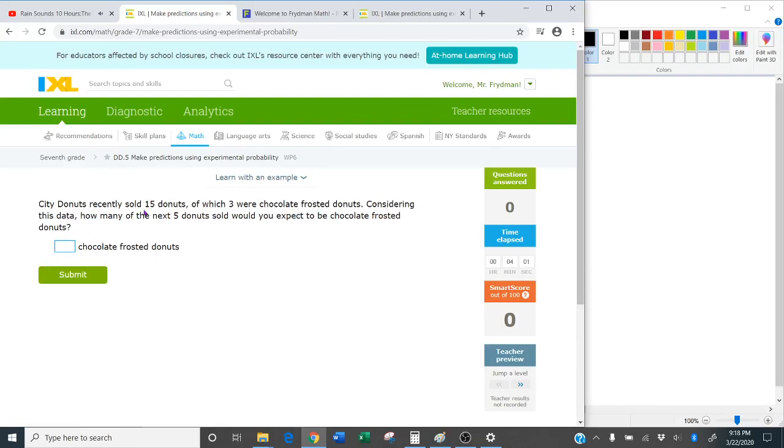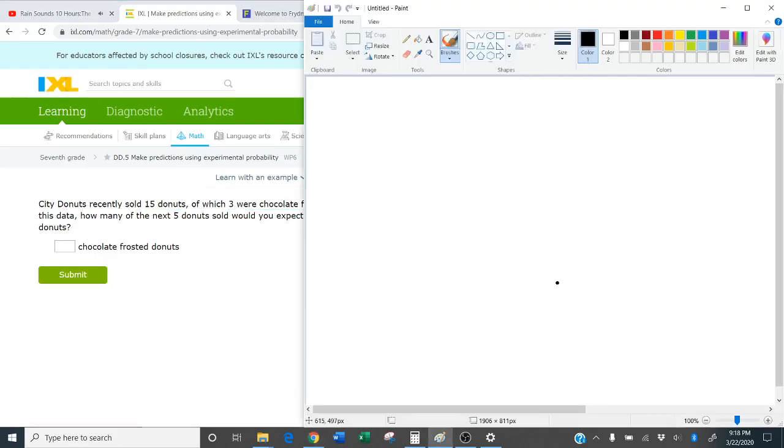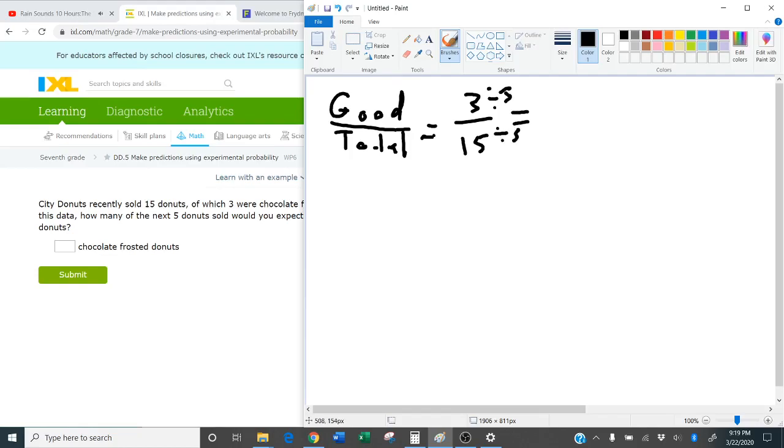So remember, out of the 15 donuts that were sold at this donut store, 3 of them were chocolate frosted donuts. So that means that the probability that a customer walks in and buys a chocolate frosted donut is going to be 3 out of 15, which is equal to, if we divide the numerator and denominator by 3, 1 over 5.